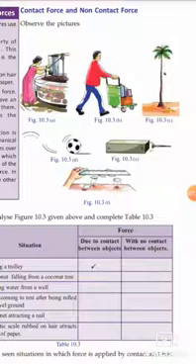Then next force, what is the next force in picture E? What kind of force is it? Magnetic force. Magnetic force is a non-contact force. And what is the magnetic force? The magnet attracts magnetic substances towards it, or magnets can attract or repel another magnet.